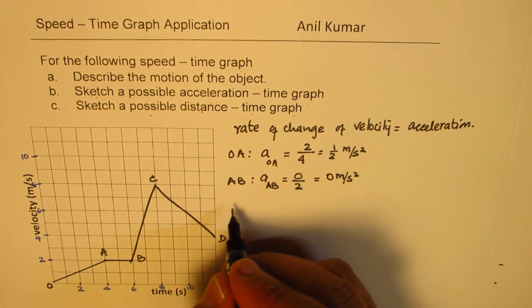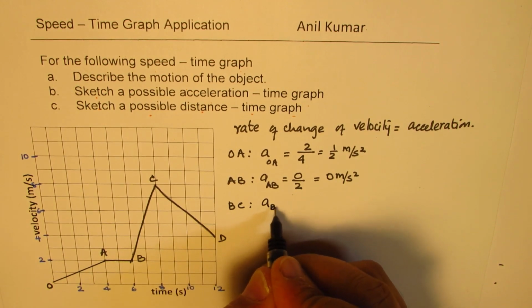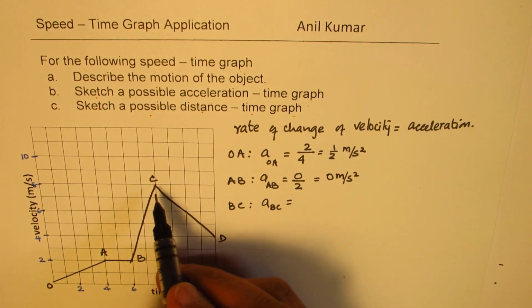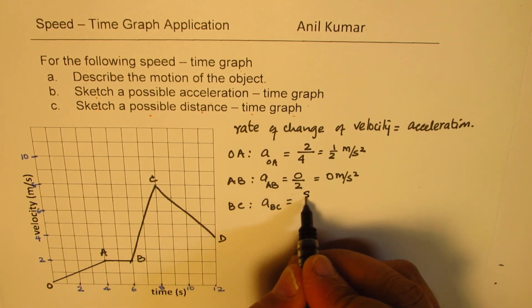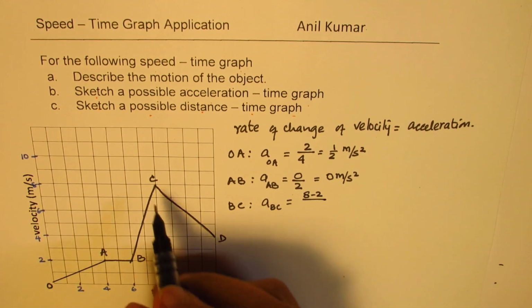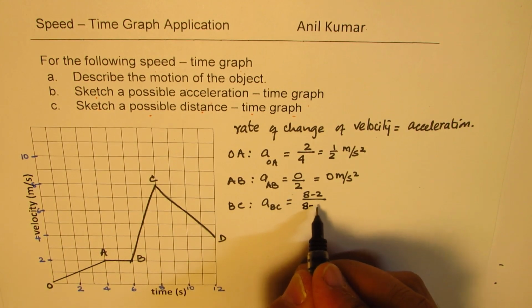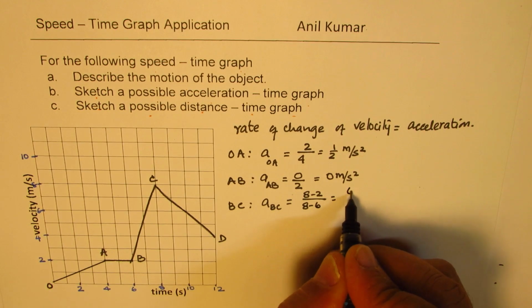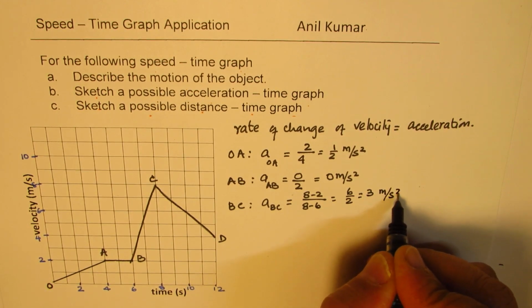From B to C, the acceleration is the change in velocity, 8 minus 2, over the time, 8 minus 6, which is 6 over 2 or 3 meters per second square.